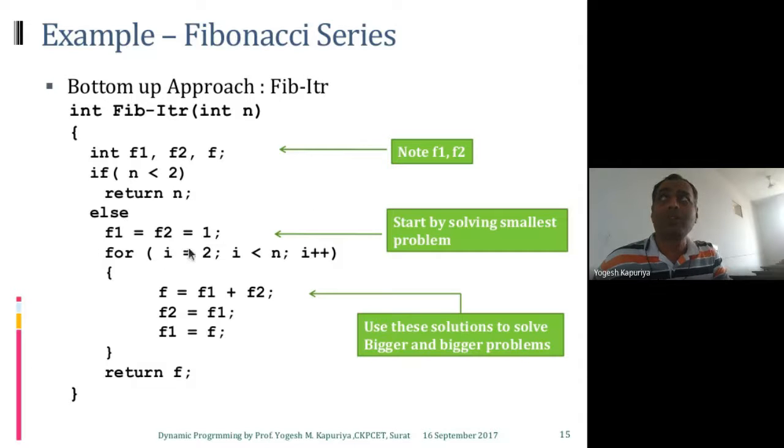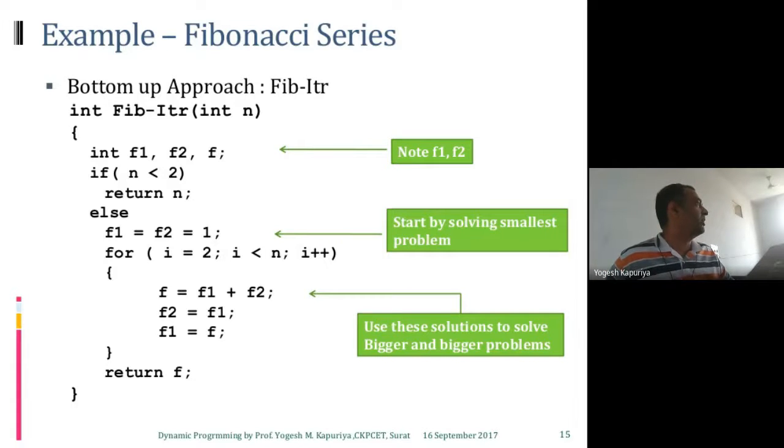How are you starting over here? You are interested in computing what? And from where are you starting? From the first. You are starting from the base point, that is, the value of, let's say, Fibonacci of 2.